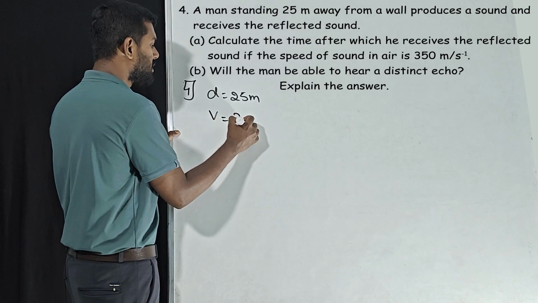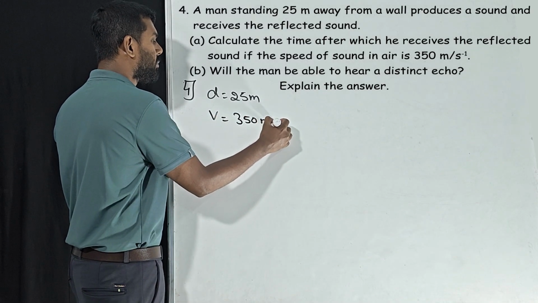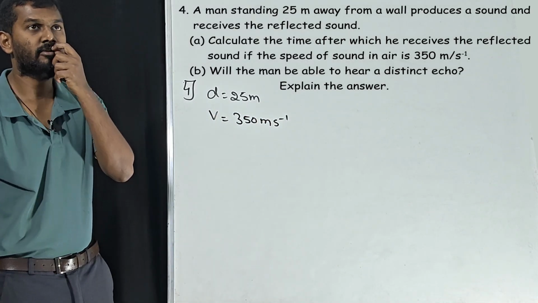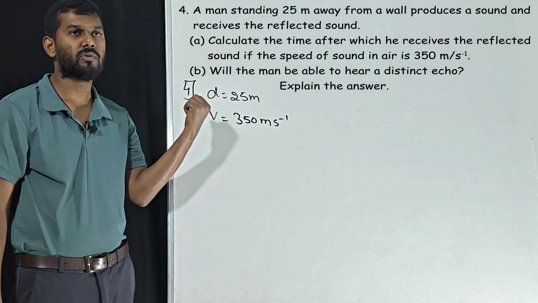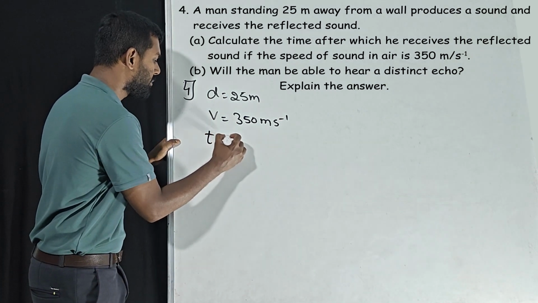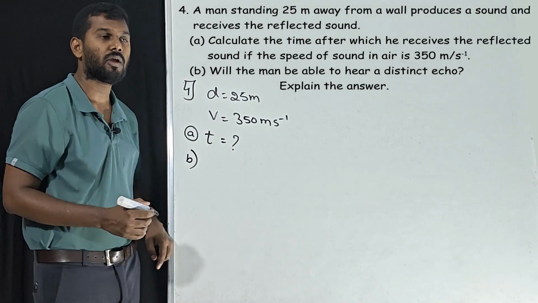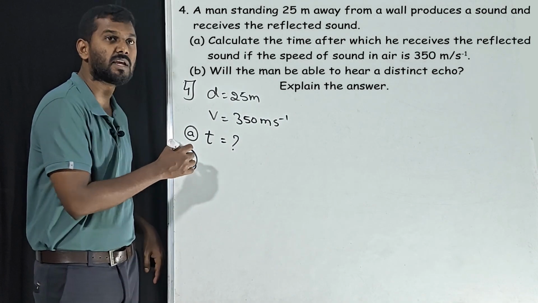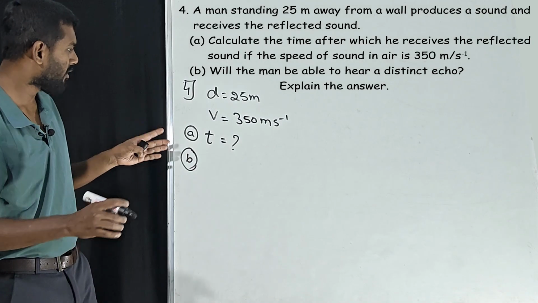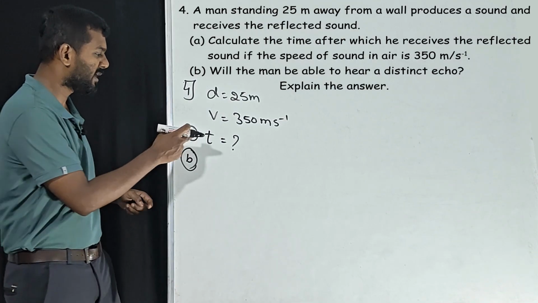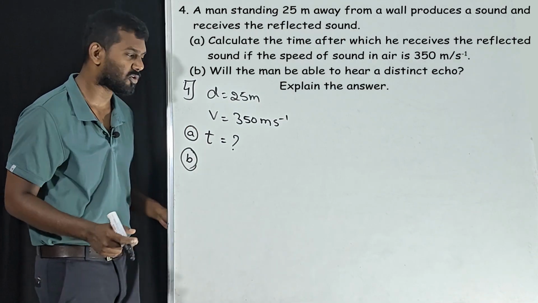So velocity is 350 meter per second. Now we have to calculate the time here. The second part we'll focus on later. First we'll find the time, because based on the time only we are going to answer this question.